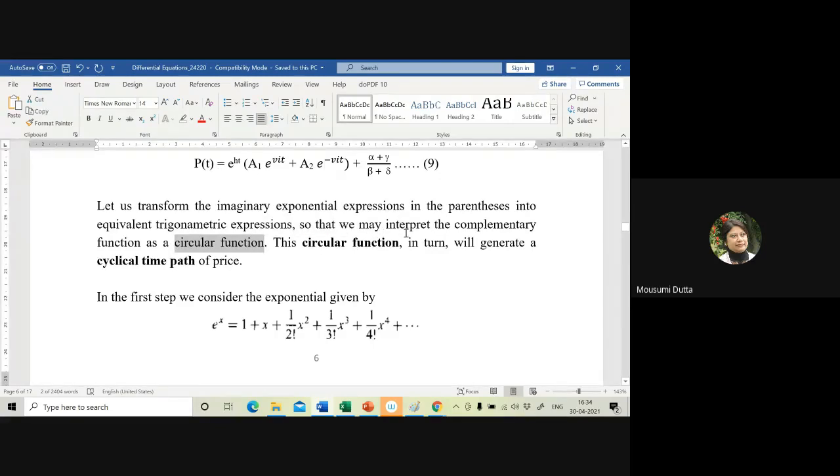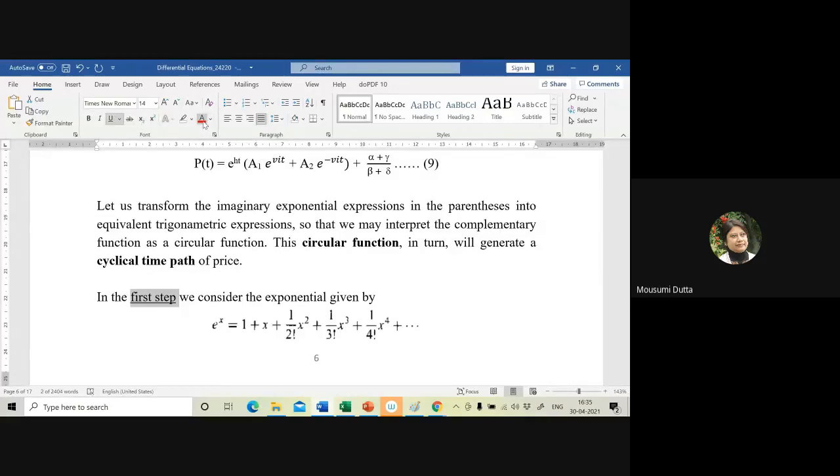I want to interpret the CF part, the complementary function part, as a circular function. This circular function in turn will generate a cyclical time path of price. So my purpose or objective is like this, and therefore we are going for using several mathematical tools in our analysis. So actually here we are doing 3 steps.